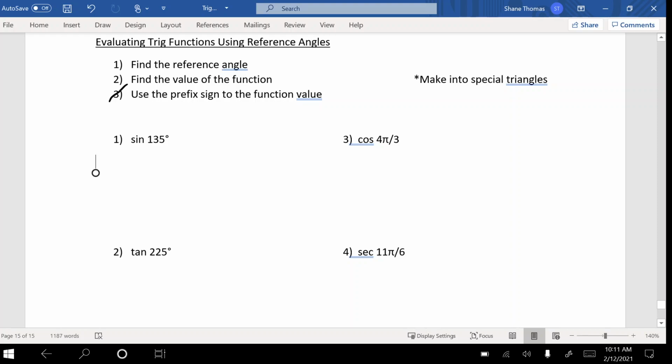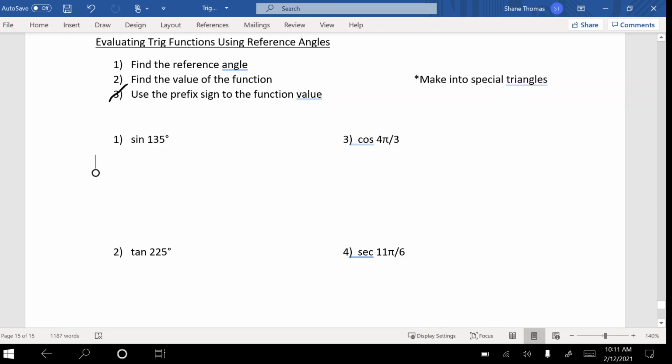The book wants you to remember the all students take calculus to figure out which functions were positive and negative in each one. I like better because we draw the triangle. I like drawing the triangle and then applying the negative signs on the triangle because I think that's easier to see. Okay? So I kind of take out step 3 because I want to draw these ones.